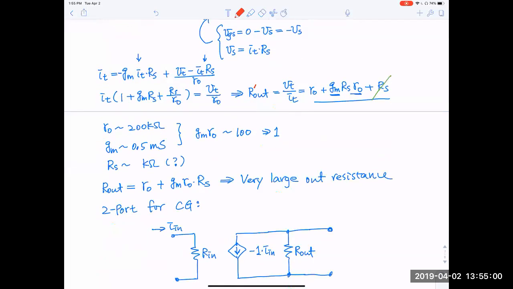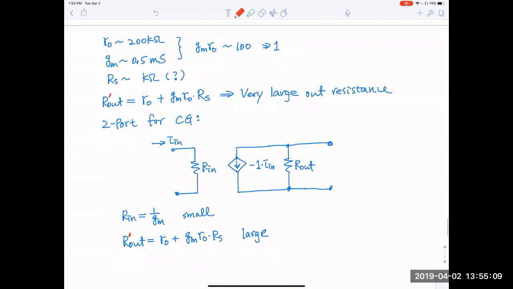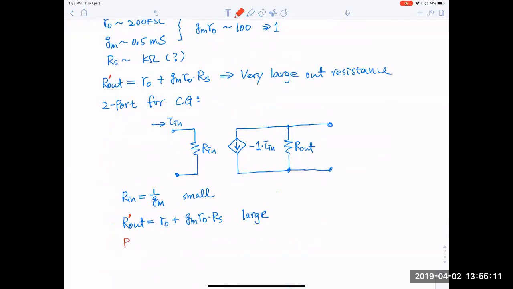Okay, this is actually R out prime here. So the real R out is R out prime in parallel with RD. So this is equal to RD in parallel with R0 plus GM R0 RS, okay?